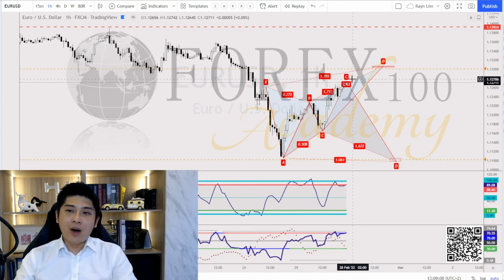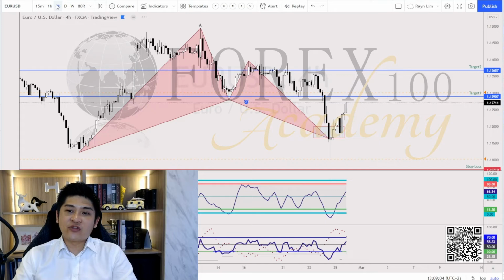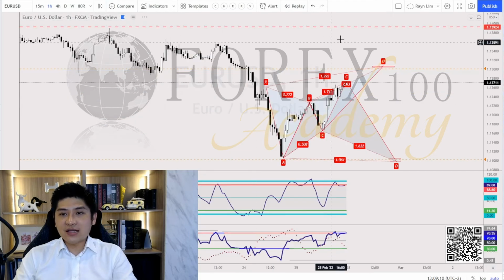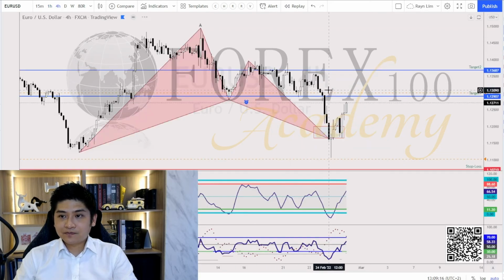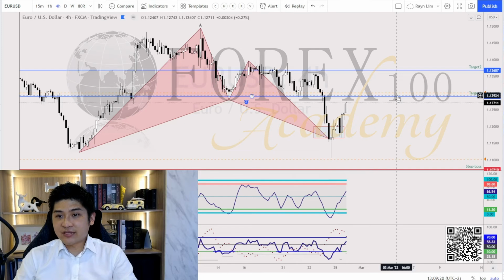Okay, so why this opposing view is just as important, because if you trade off the 4-hour chart, it's pretty normal that it moves up and down, correct? So by the time it fulfills, let's say a butterfly pattern at 1.1308, it has already passed the first target.